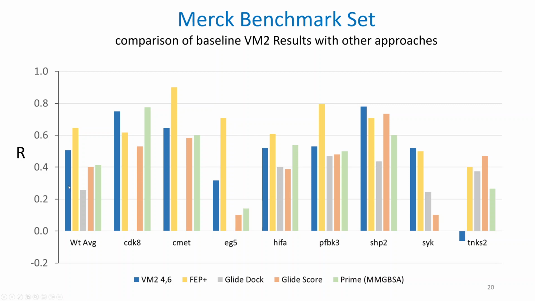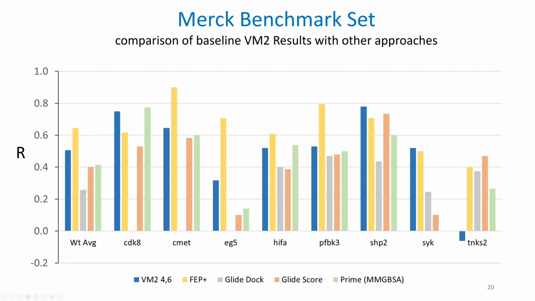And what you can see, so what we have over here is a weighted average over all the systems, where the weighting is by the number of ligands in each system, since that varies from target to target. So I think the overall result that I would call your attention to is that VM2 is more accurate than docking and Prime MMGBSA. And if we do statistics, I think it's significant.